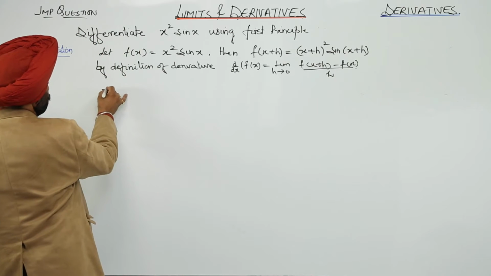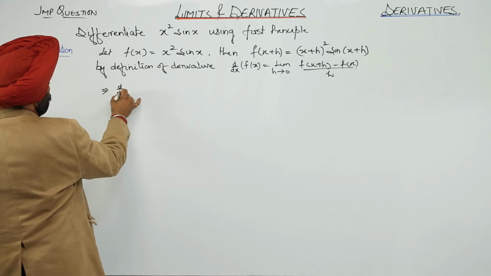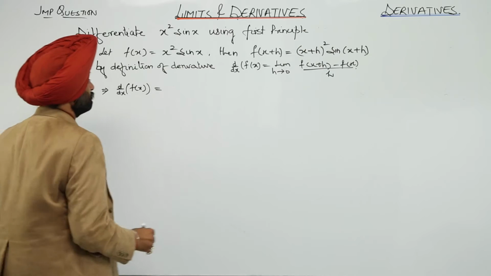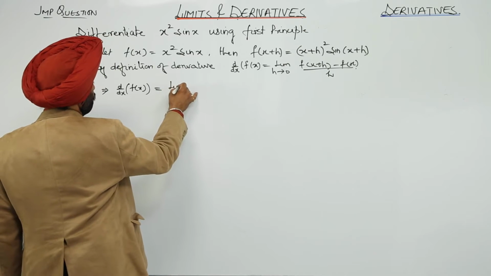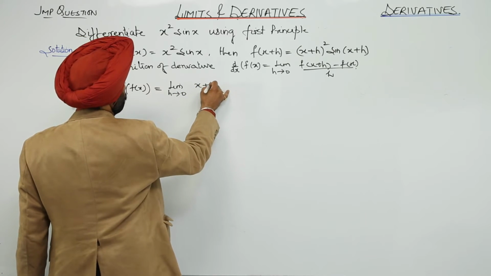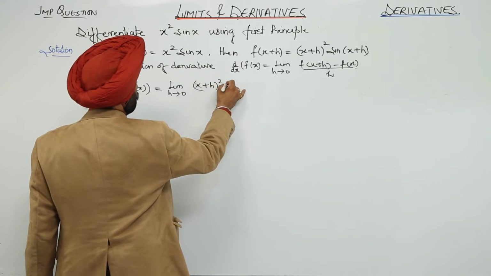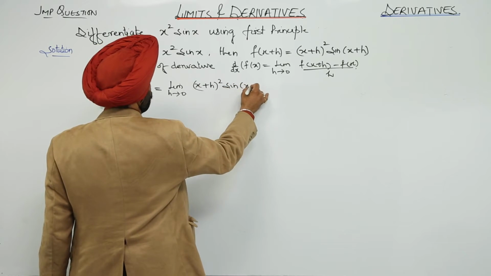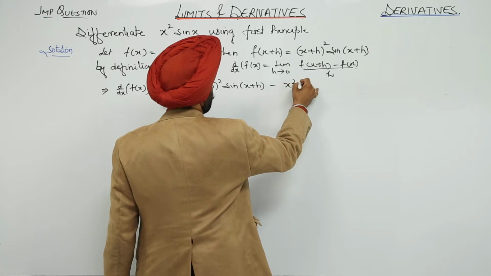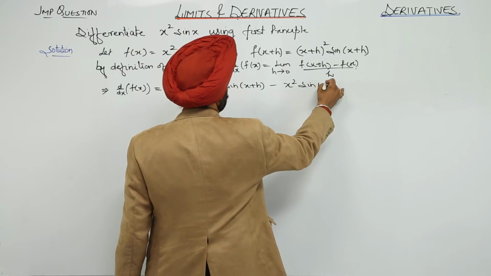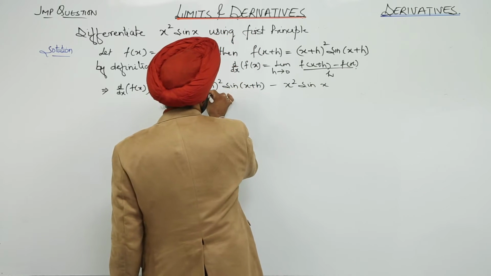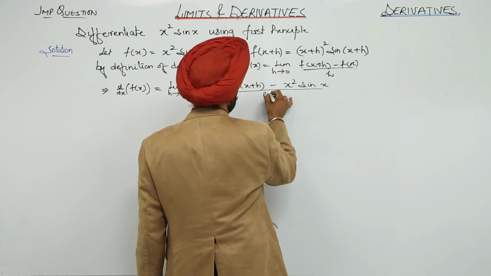Now d by dx of f(x) is equal to limit h approaches to 0 x plus h whole square sin x plus h minus x square sin x upon h.